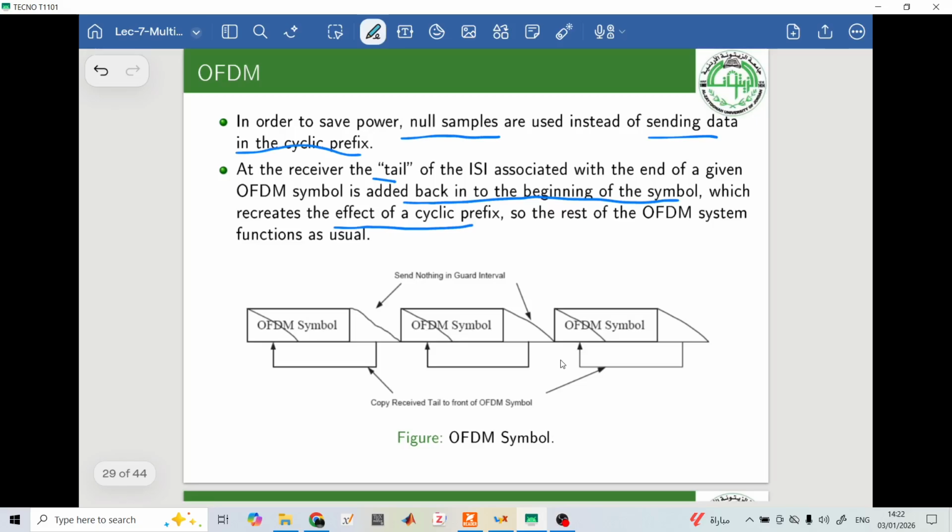Here we are not using any data. We are just leaving this time span without sending any power, because we know that this time span will be corrupted by ISI.